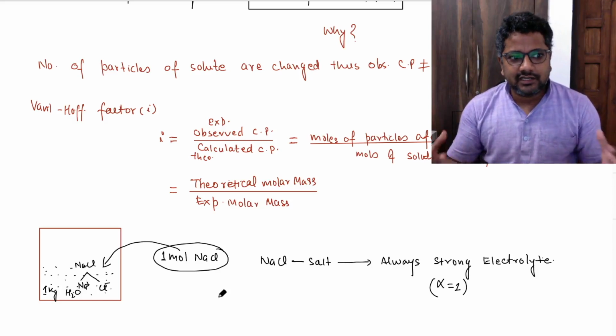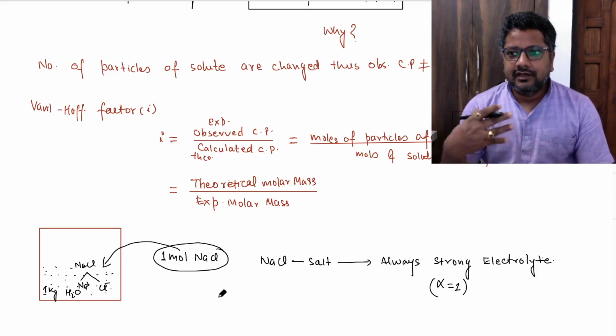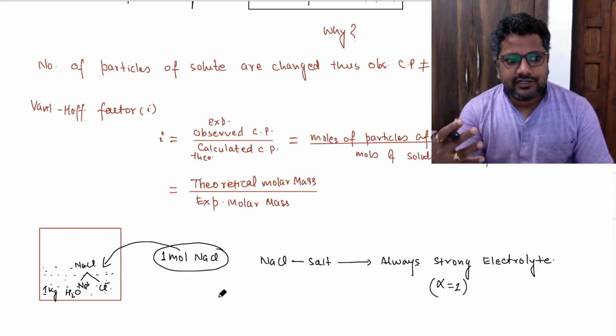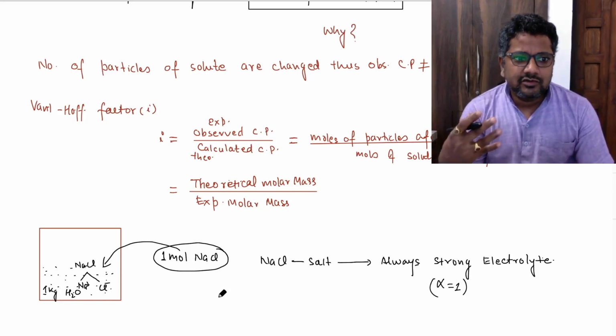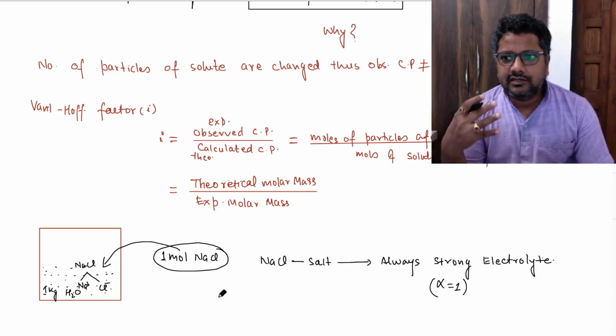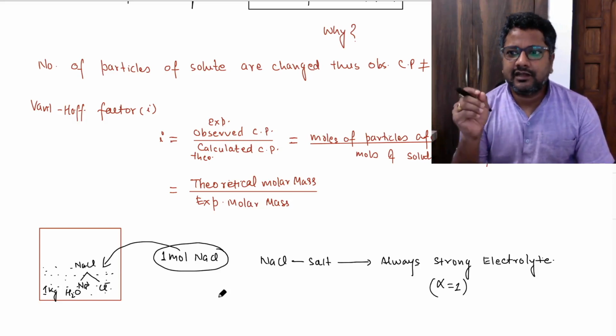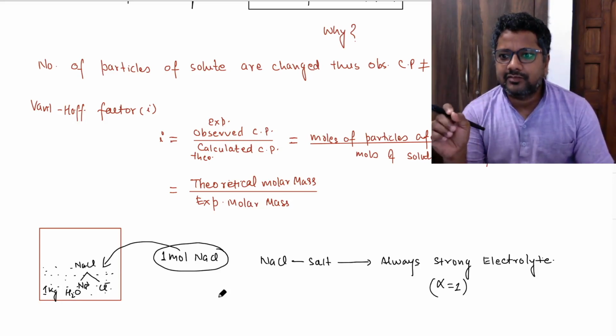But actually inside the solution this sodium chloride dissociated into Na plus and Cl minus, fully dissociated, so it will produce 2 moles of total ions. So what will happen? What are you expecting?